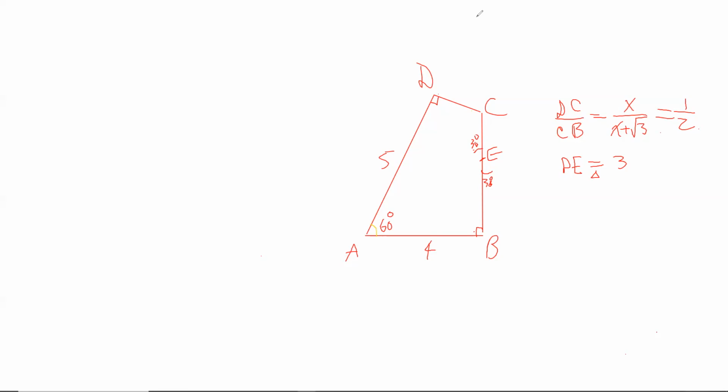So what I can do is this. Usually, it's always the method you should think of: you extend DC and AB, and it will make a 60, 30, 90 right triangle. Where do I extend? Extend DC to the right and AB to the right.